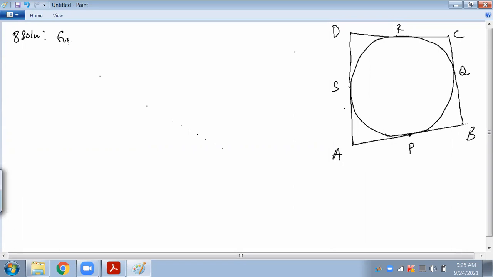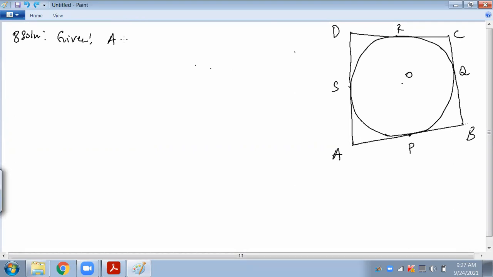Okay, given is what? We'll just mention the center: a circle with center O. Or, here we don't need the center also.